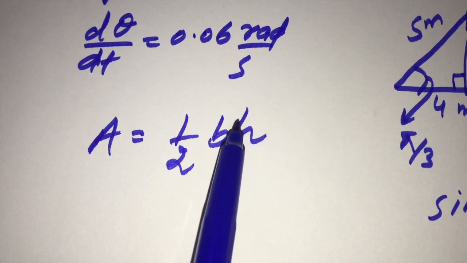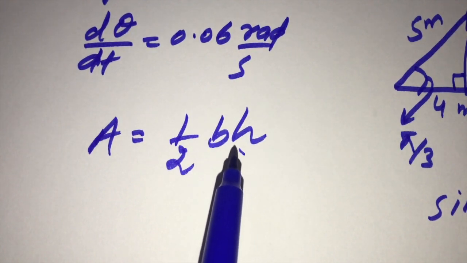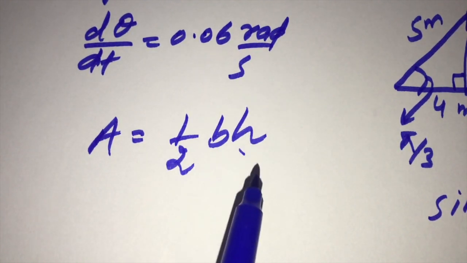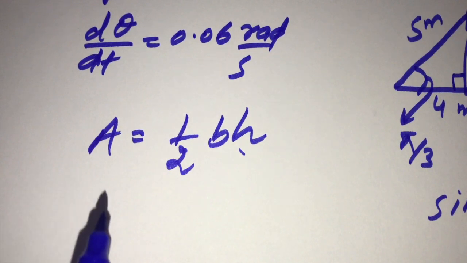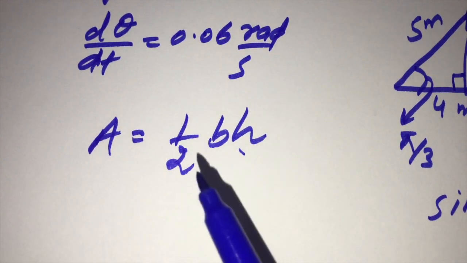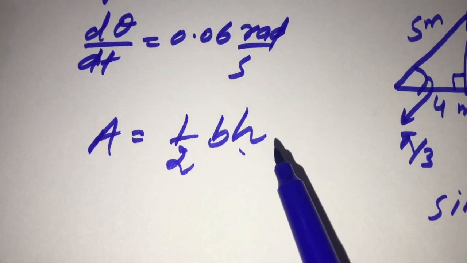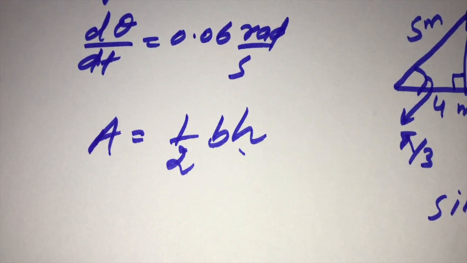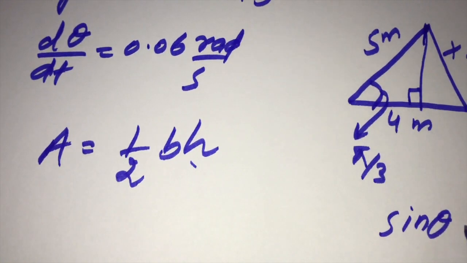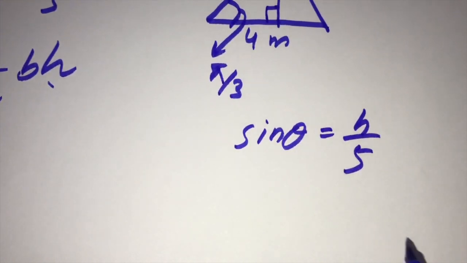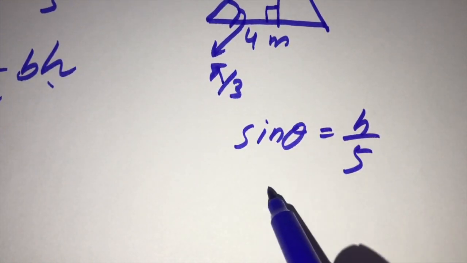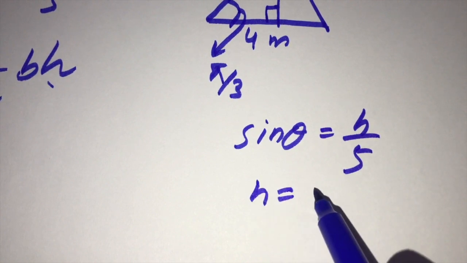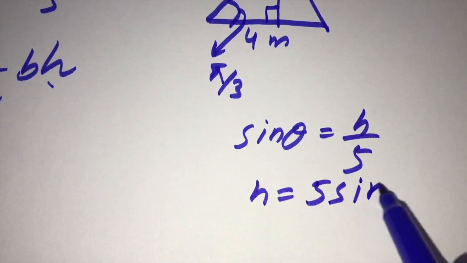So we must convert this h in terms of theta. So sine of theta is equal to h by 5, and here we get h is equal to 5 sine theta.